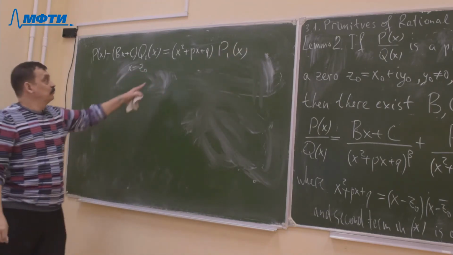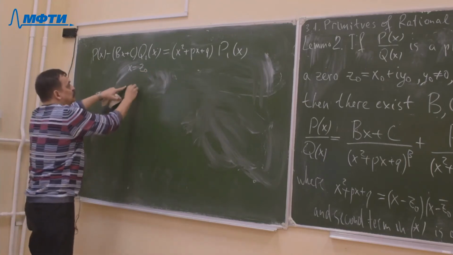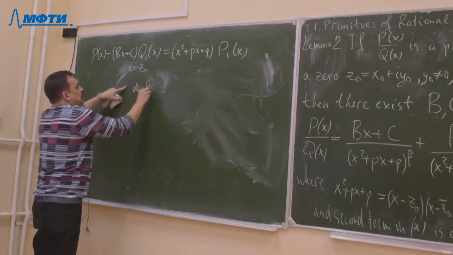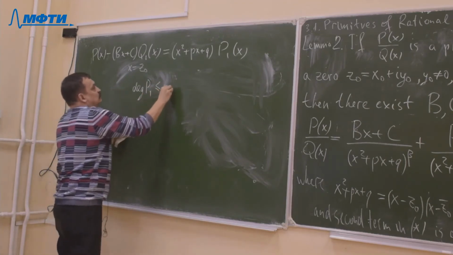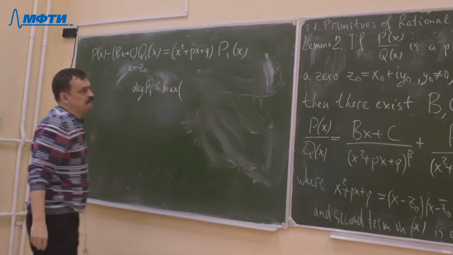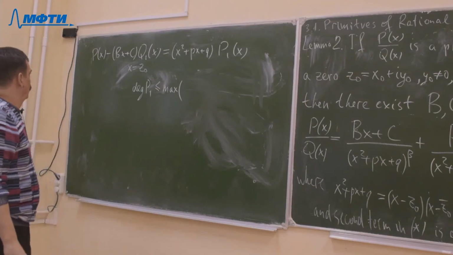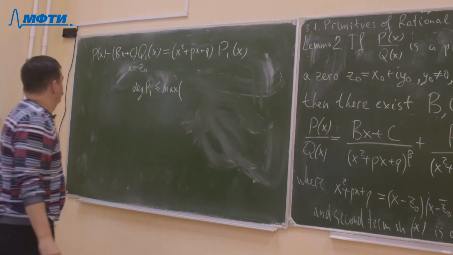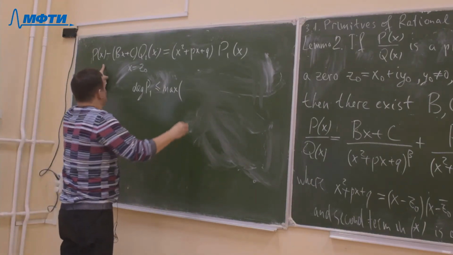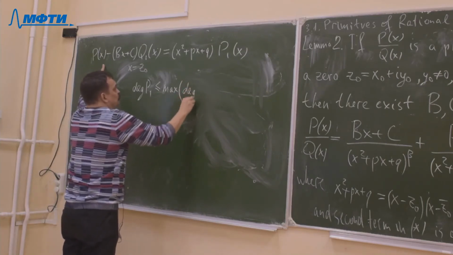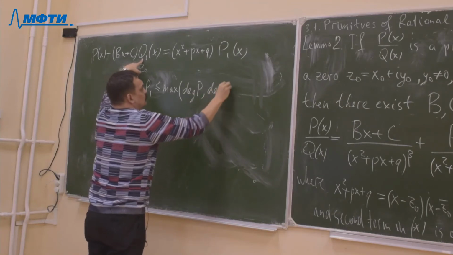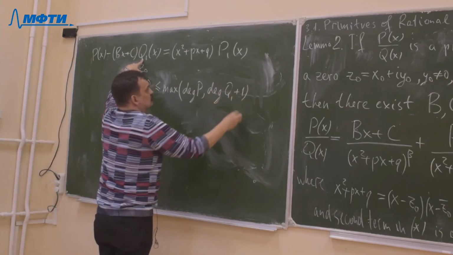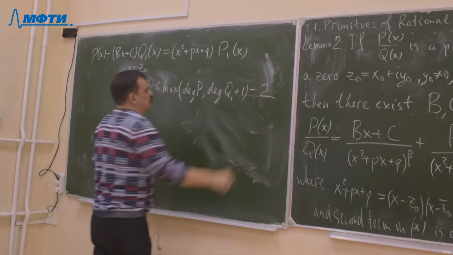of degree. What is about degree? Degree of p1 is less or equal than maximum of degree of p, degree of q1 plus 1, and minus 2.